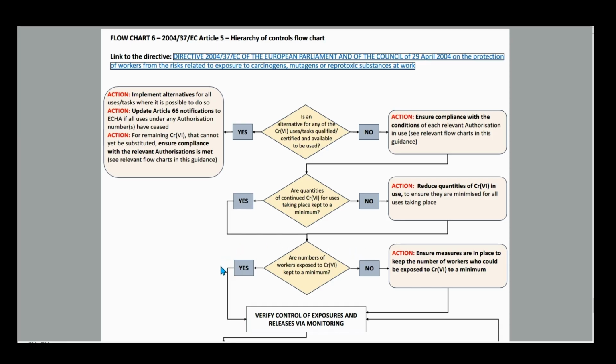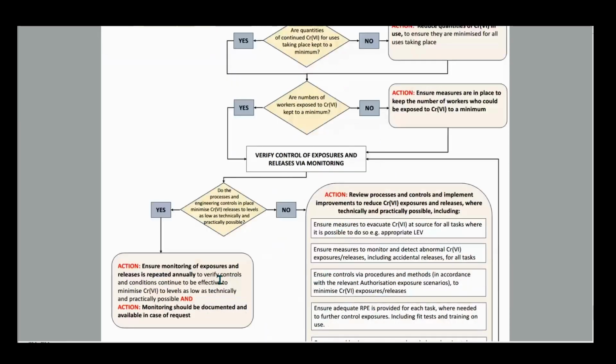No action is required if the number of workers is already at a minimum. Both possible answers to the last question lead to the next step, where you need to verify control of exposure and releases by means of monitoring.